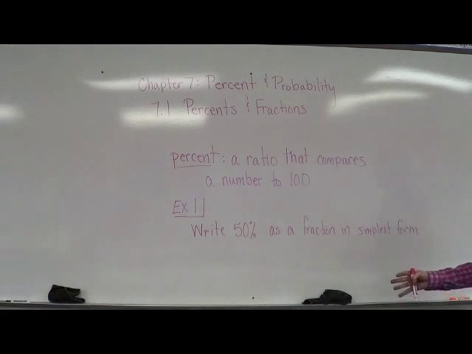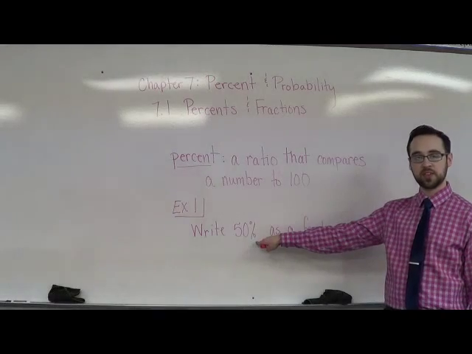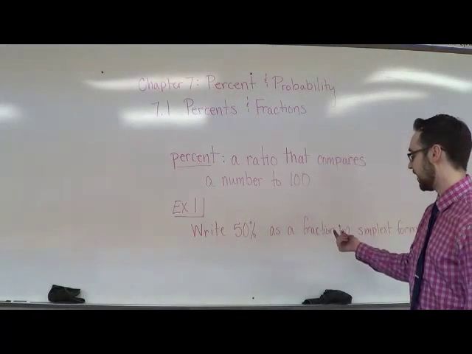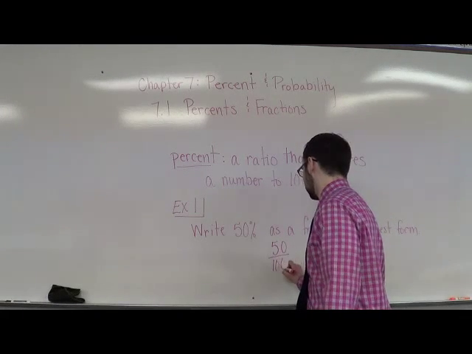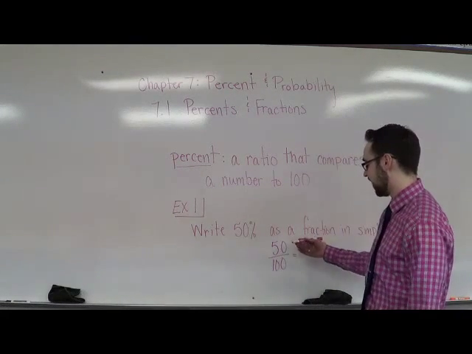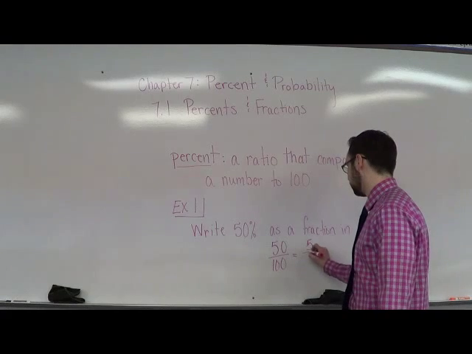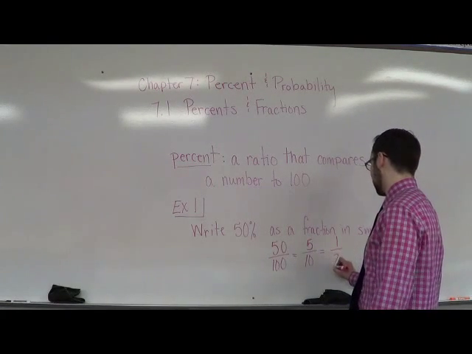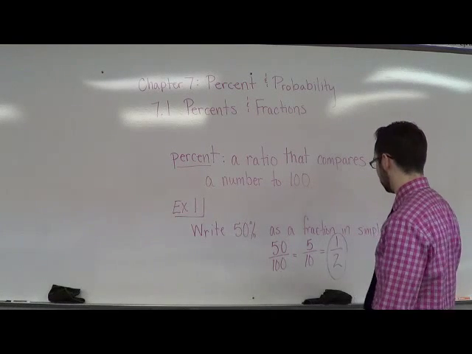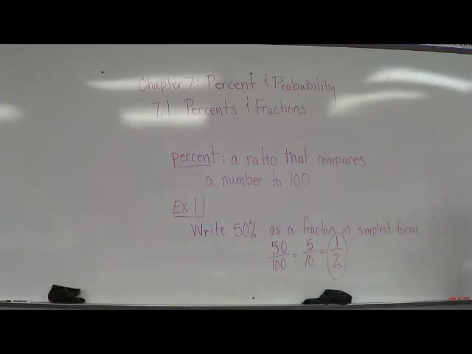We can easily do that by saying 50% means it's out of 100. So we have 50 out of 100. I can reduce that by 10 initially and say that's going to be 5 out of 10. I can reduce it again by 5 and say that's 1/2. So in simplest form, it's going to be 1/2.